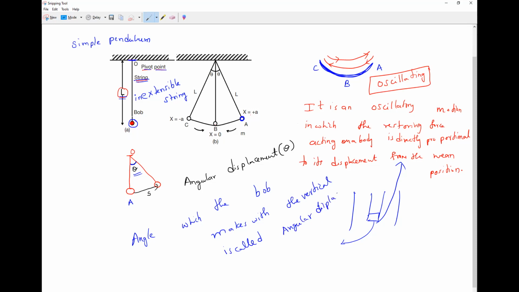What is the symbol of angular displacement, everybody? Theta. Okay. If A is the mean position, A is called what?